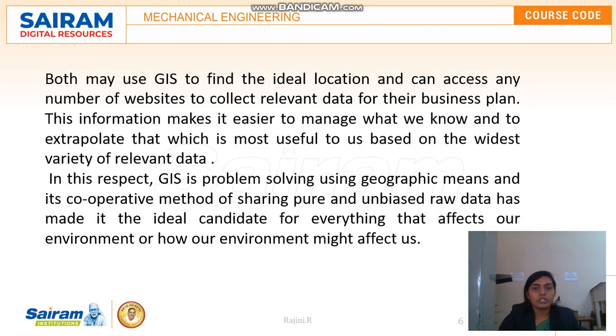So, GIS and remote sensing are mainly going to be useful for catchment calculation.